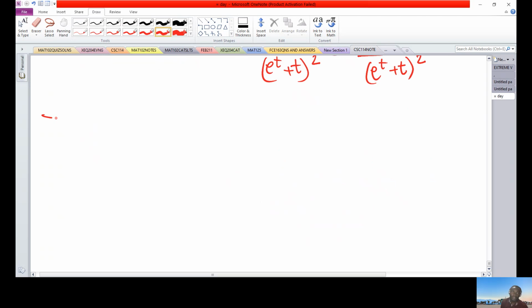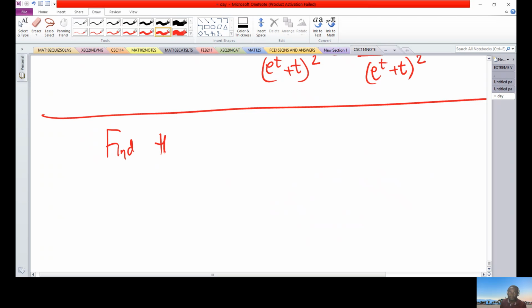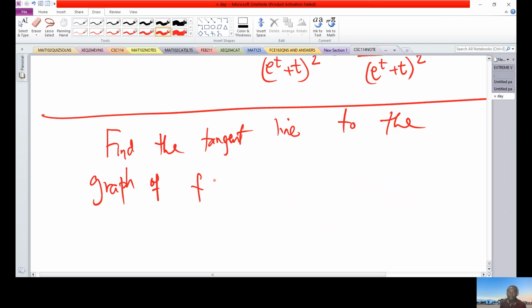Another example on application of the quotient rule. Find the tangent line to the graph of the function f(x) given by (3x squared + x - 2) over (4x cubed + 1) at x equals 1.